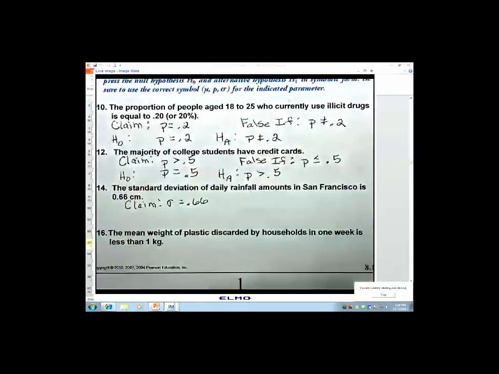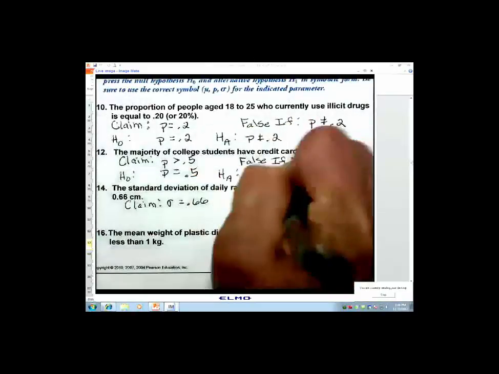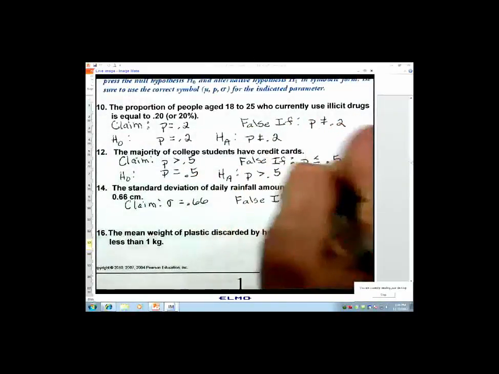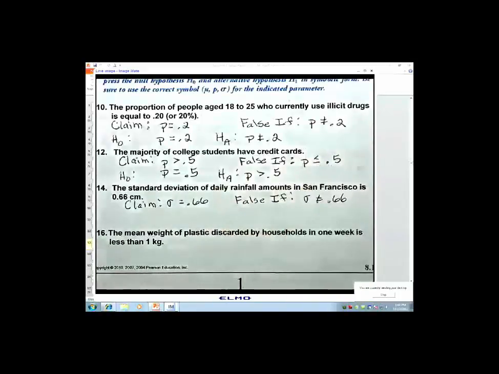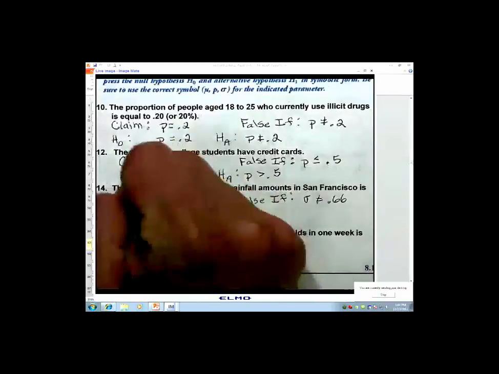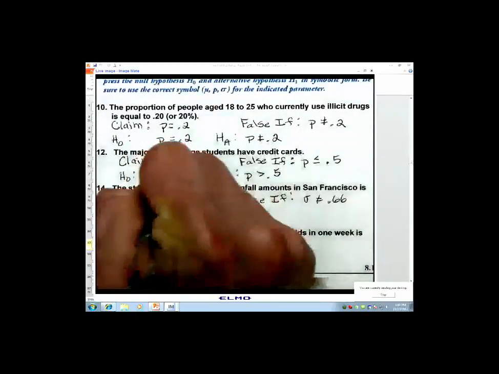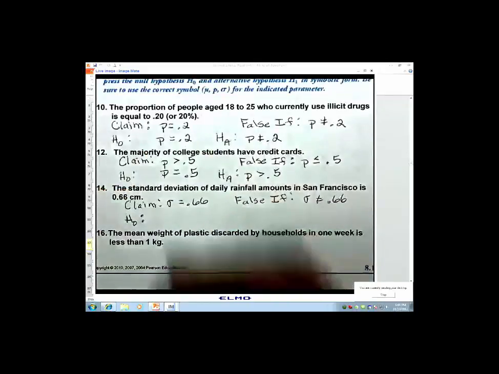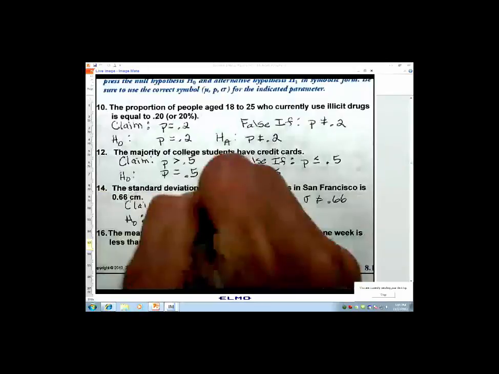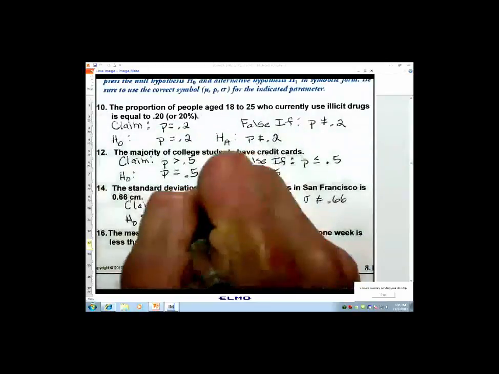If it's anything else. Sigma does not equal 0.66. I wrote sigma and said P. I'm sorry. You're right, sigma. So what is the null hypothesis? It's always plain old equals. What is the alternative hypothesis?